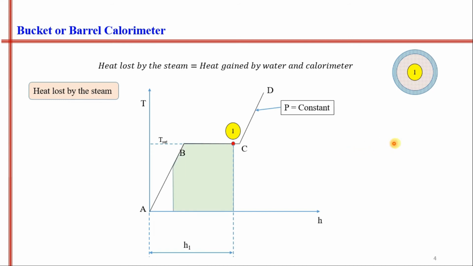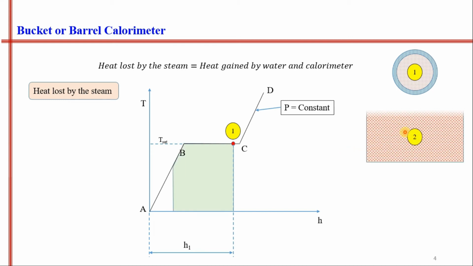Now after the experiment, we have a liquid whose temperature has increased, and the steam sample collected here is completely converted into liquid. So after the experiment we have a liquid at this point.